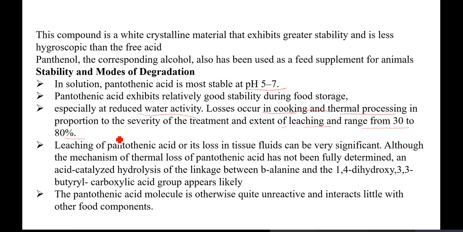In the previous vitamin it was 50% to 90%. So leaching of pantothenic acid or its loss in tissue fluid can be very significant. Although the mechanism of thermal loss has not been fully determined, there is still a lot of research going on.